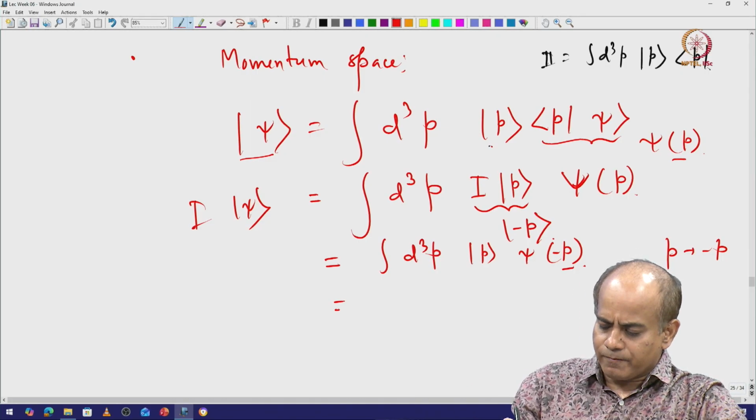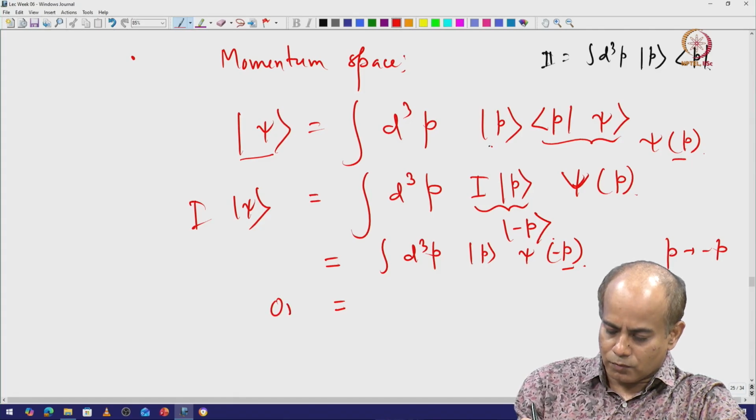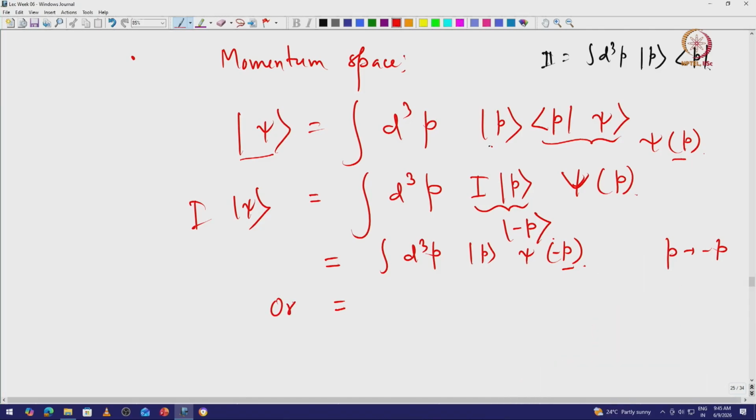The other way is that first you put the inversion operator on the state, then we put the resolution operator. Okay. So now inversion acts on p and gives us psi.